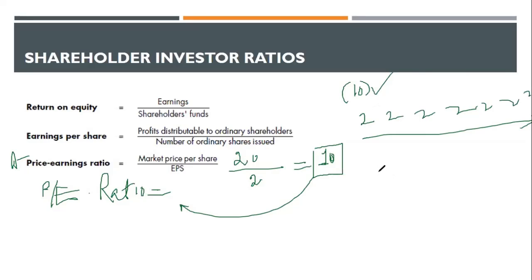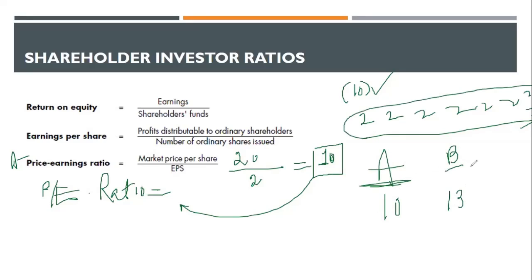So if one company has a PE ratio of 10 and another company has a PE ratio of 13, it means that if you invest in this company, you are getting back in 10 years, and if you invest in this company, you are getting back in 13 long years. Which share is preferable? What message does it give us?